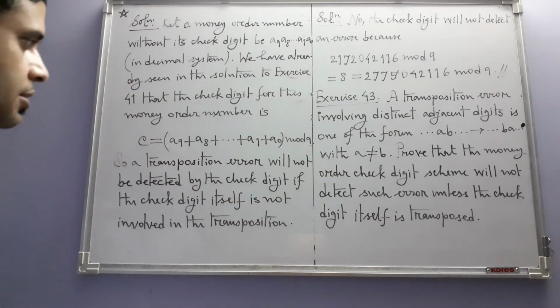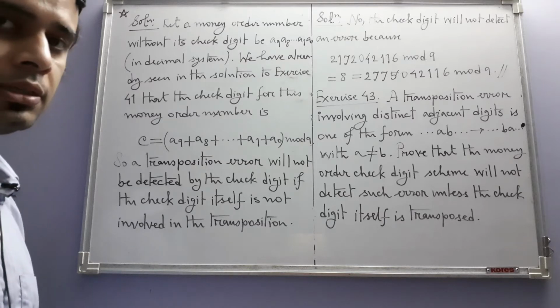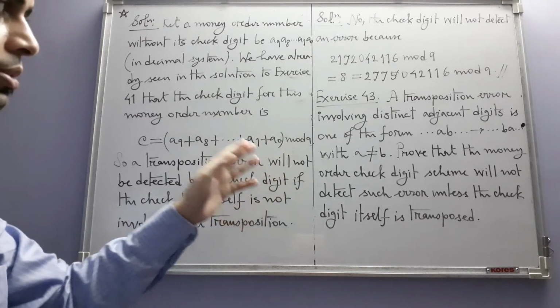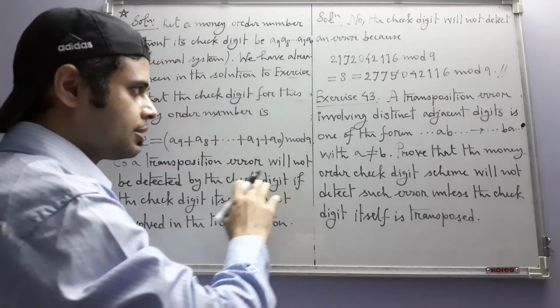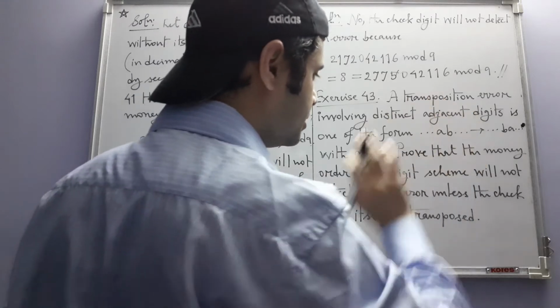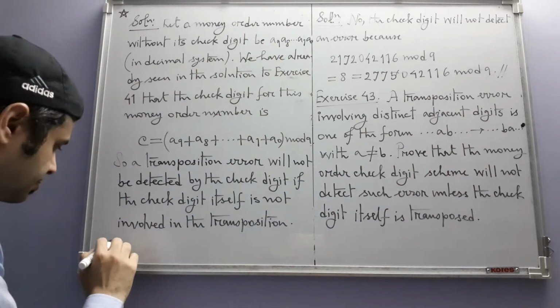But what happens if we transpose the check digit itself with, of course, its adjacent digit, because that is the kind of thing we are considering, involving two distinct adjacent digits.